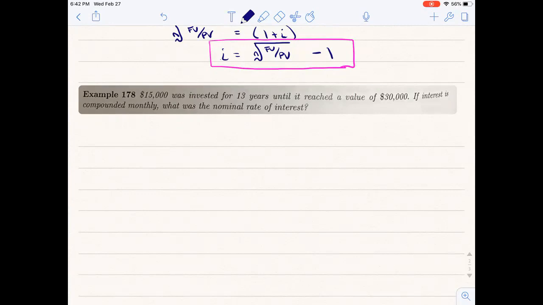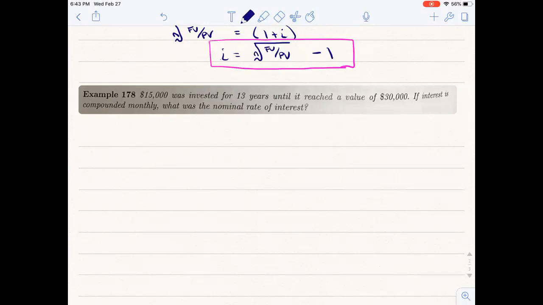We've got 15,000 invested for 13 years until it reached a value of 30,000. So we have the present value, the future value, and the amount of time it sat there. If interest is compounded monthly, what was the nominal rate of interest?